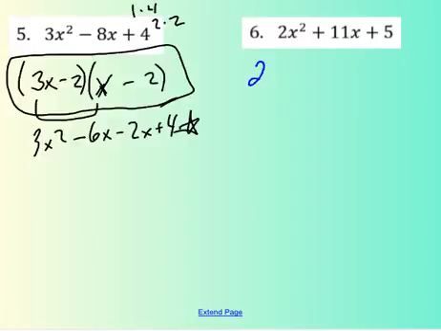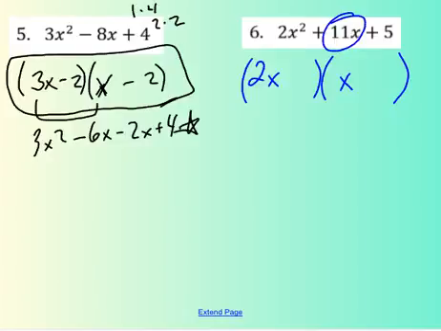Last one, I like 2. Just an x. 5 is a prime number. So we have 5 and 1. Do we want to multiply the 2 by the 5? No. So 2 times 5 would give me 10, and I need to get to 11.